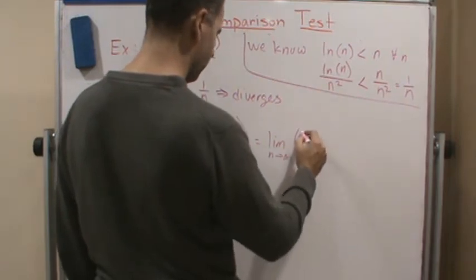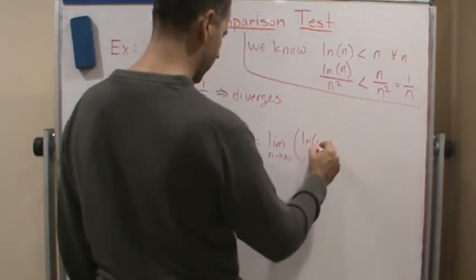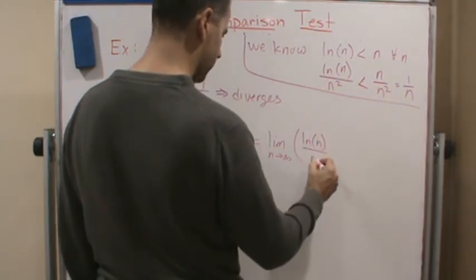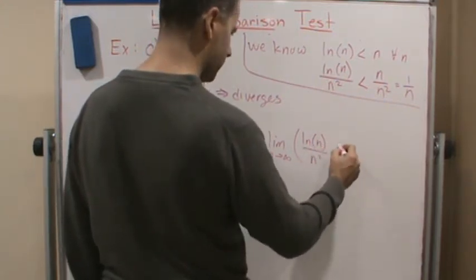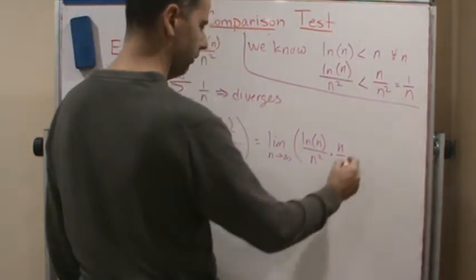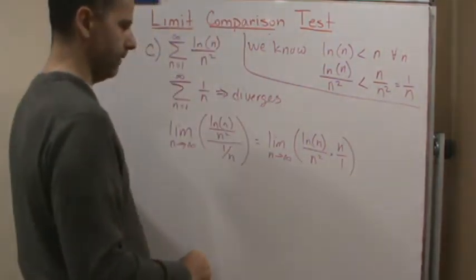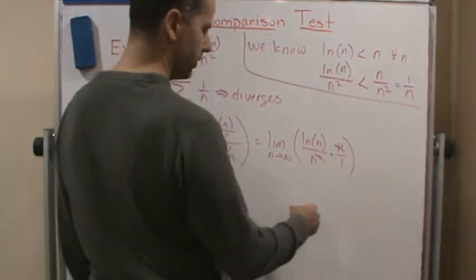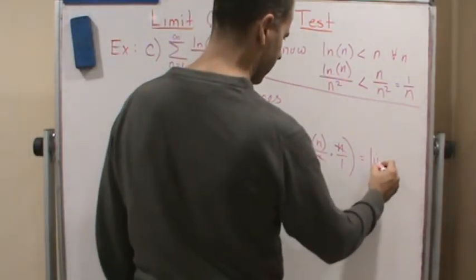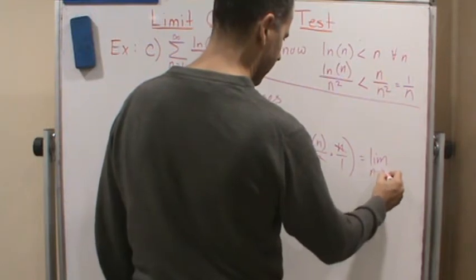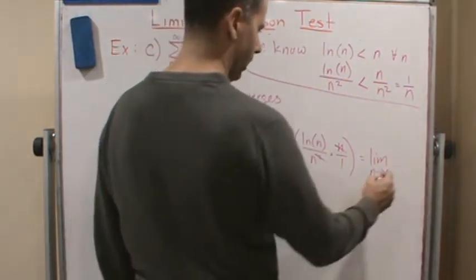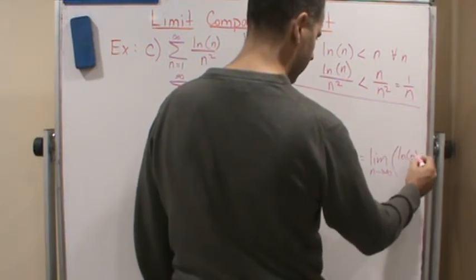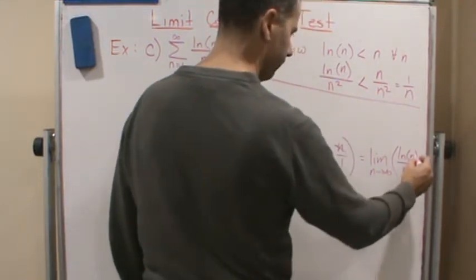This is going to become natural log of n over n squared times n over 1. And so what happens? This n cancels with one of those n's, and we get the limit as n approaches infinity of the natural log of n over n.